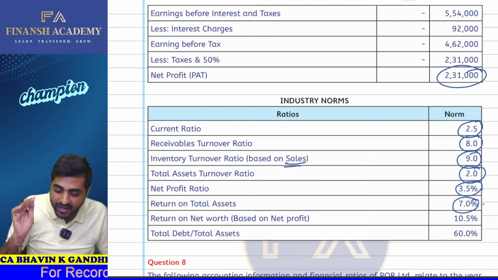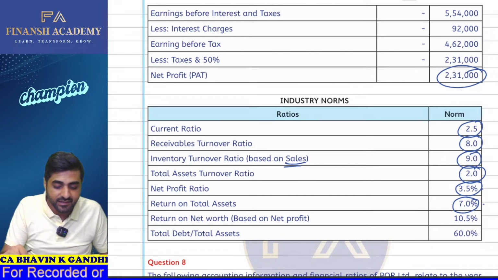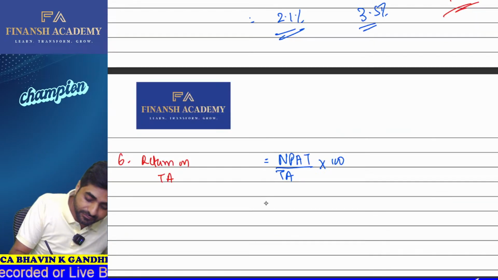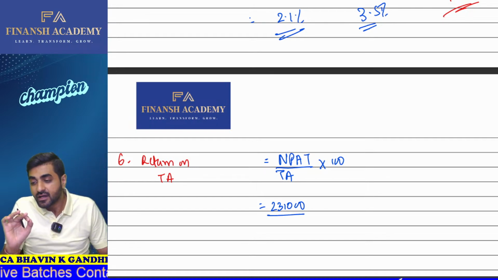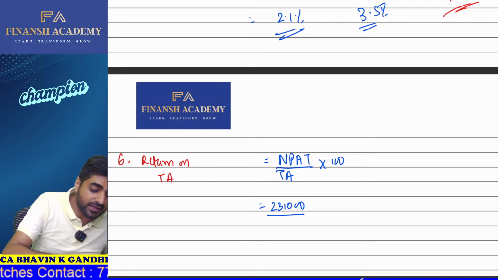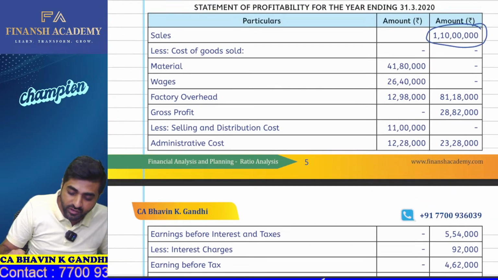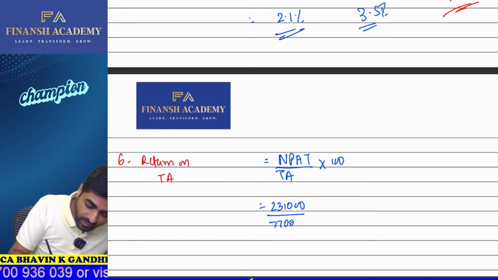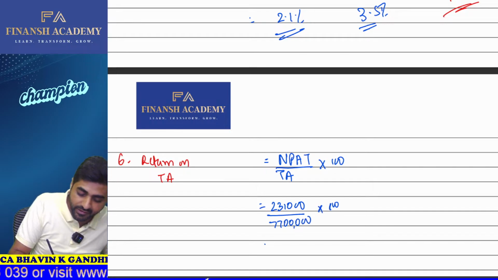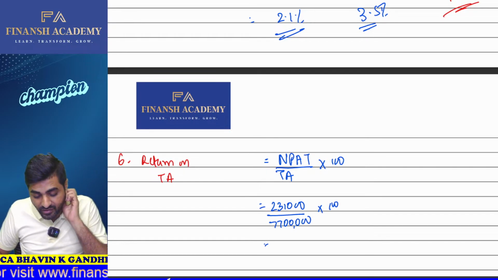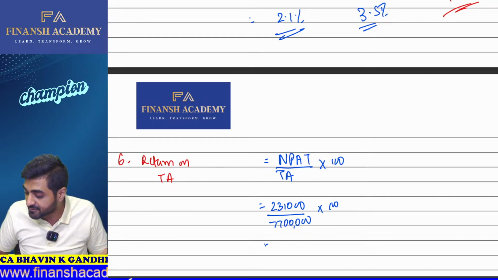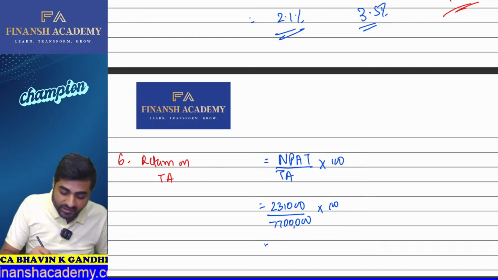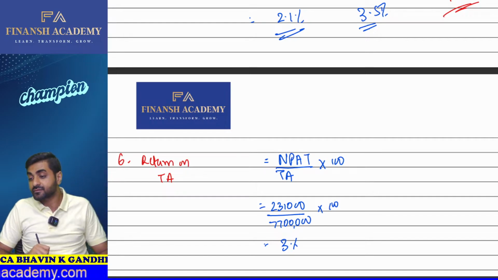Just check. Your NPAT which is available is 2,31,000. What's the total assets which we have? The total assets available here is 77 lakhs into 100. So 2,31,000 divided by 77 lakhs into 100 comes out to be 3%.